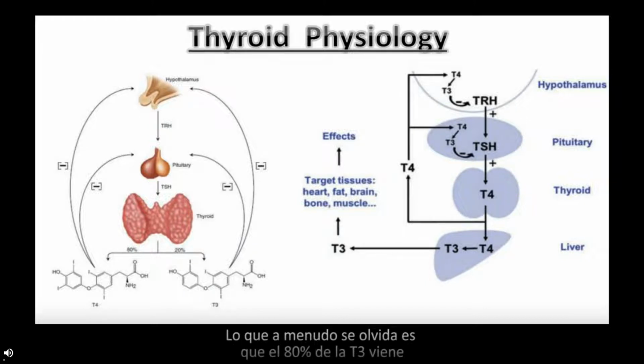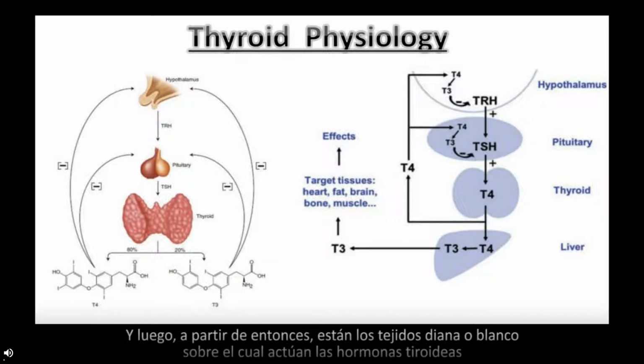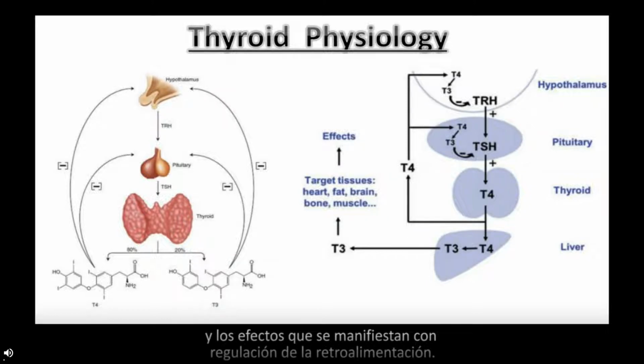Right? What is often forgotten is that 80% of the T3 comes from the further metabolism of T4 outside of the thyroid. And then thereafter, there are target tissues upon which the thyroid hormones act, and its effects are manifest with feedback regulation.